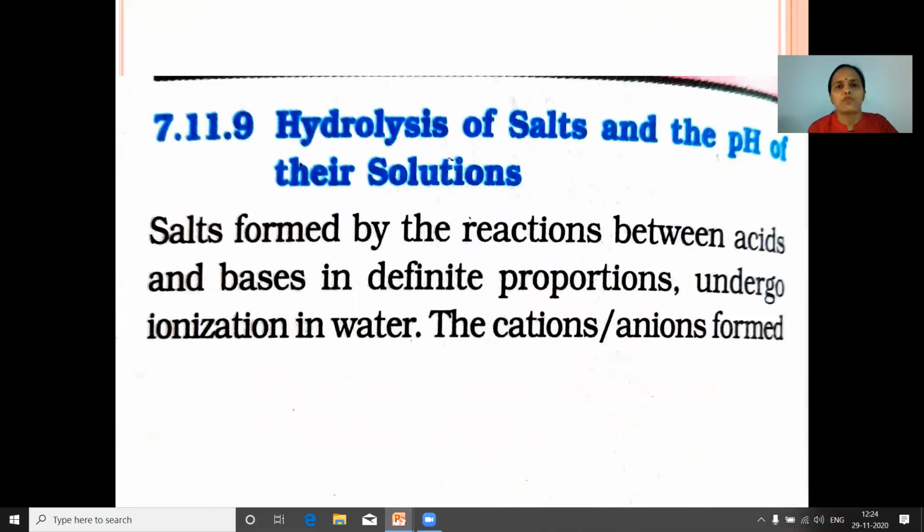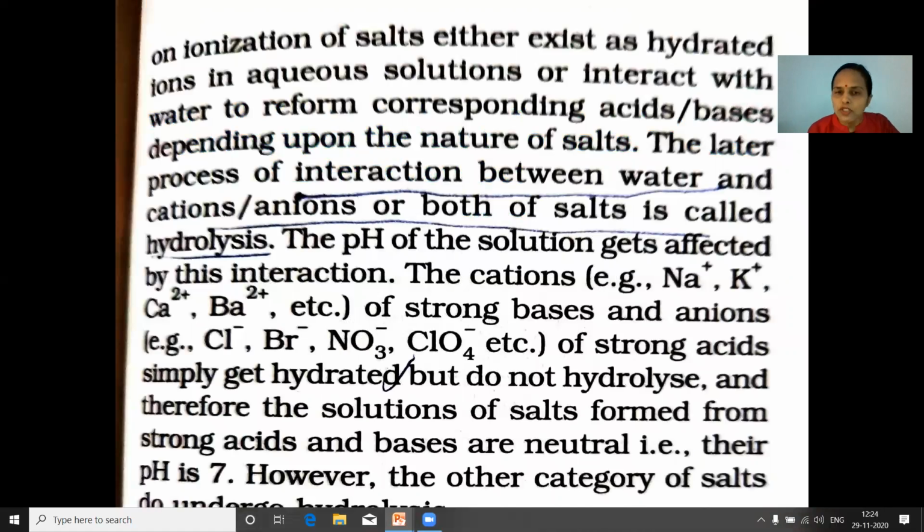Next, I come to the next part of this topic, and it is hydrolysis of salts and the pH of their solutions. The process of interaction between water and cations or anions of salts is called hydrolysis. The pH of the solution gets affected by this interaction.